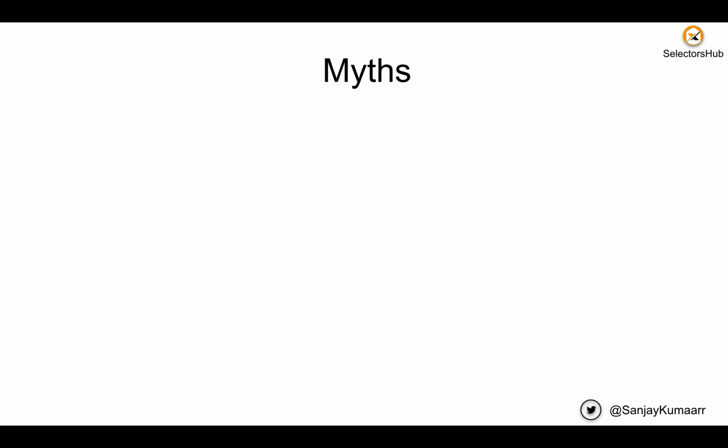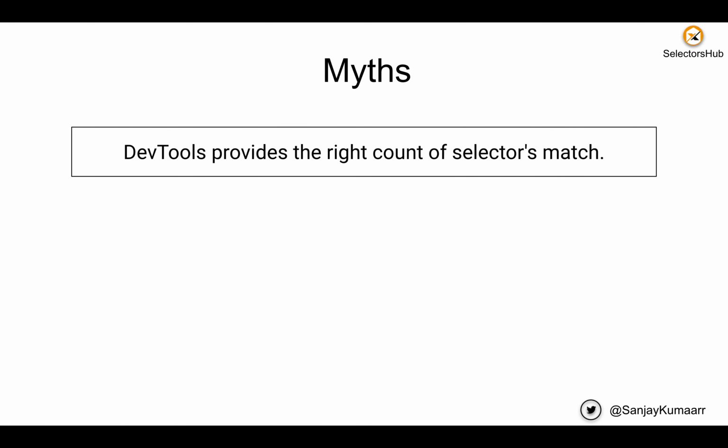First, we verify them in DevTools, which is not the right platform to write and verify selectors. We think that DevTools provides the right count of selector matches, but it doesn't provide the right count. Neither does Command F, which we used to use; it also gives the string match.